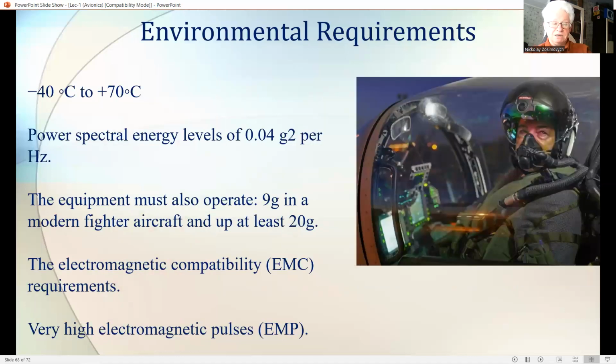The environment in which avionic equipment has to operate can be a very severe and adverse one in military aircraft. The civil aircraft environment is generally much more benign, but it is still an exacting one.